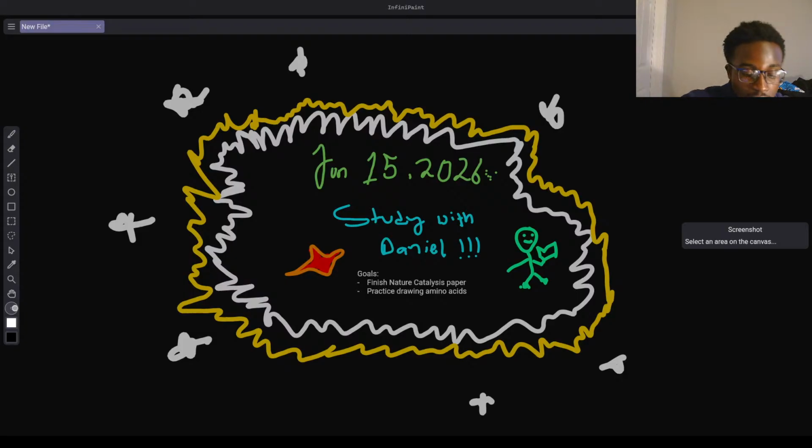And now, what is a beta lactam? A beta lactam is a 4-member cyclic amide. Okay, so heteroatom here, heteroatom here. So a beta lactam.